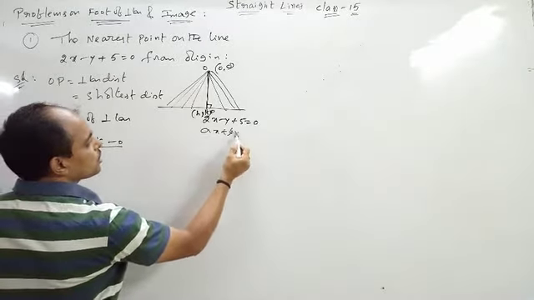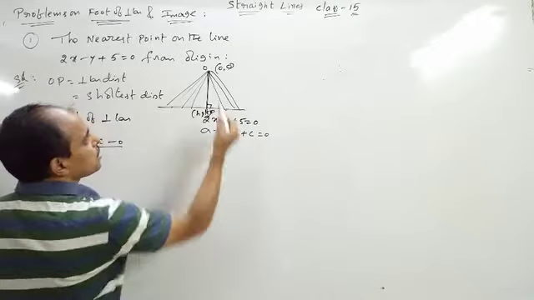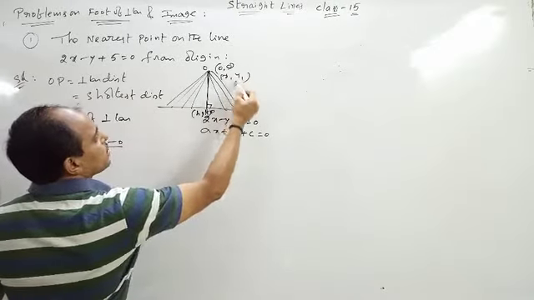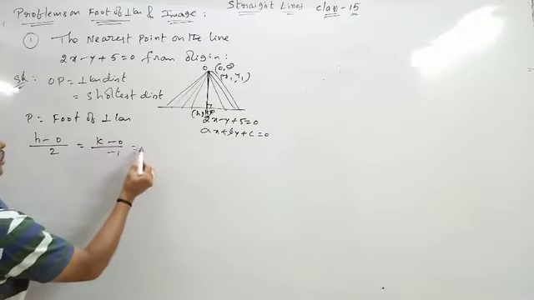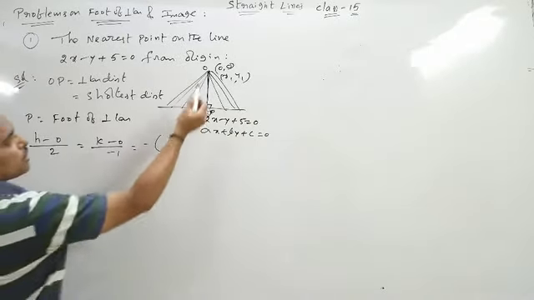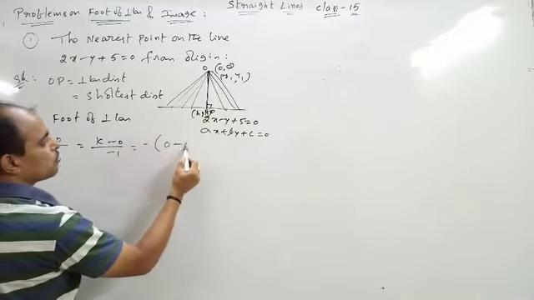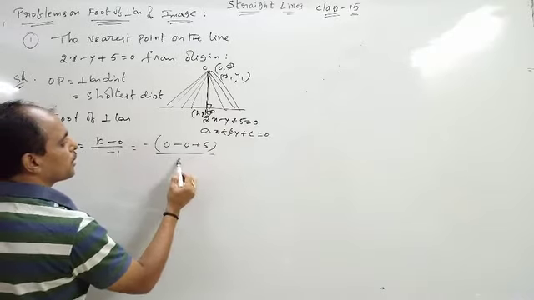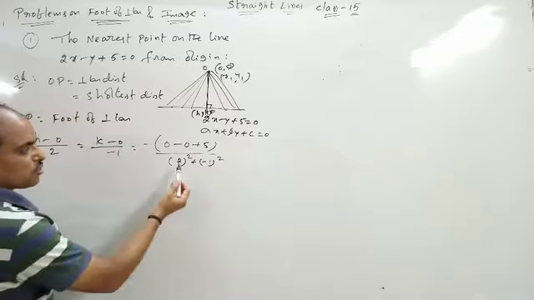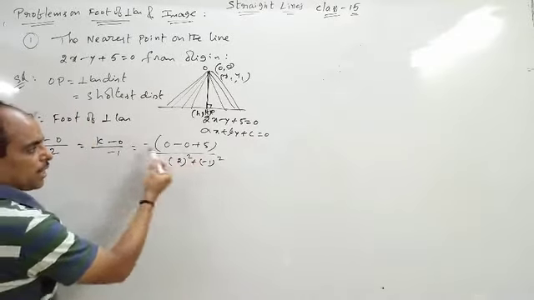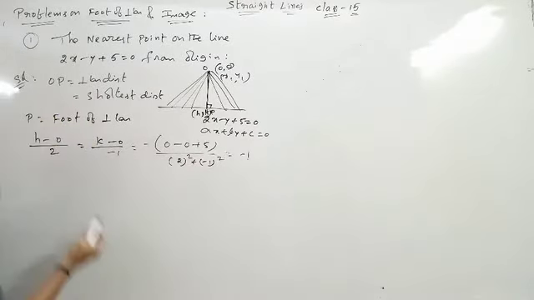Compare this with ax plus by plus c is equal to 0, and this one as x1 comma y1. Now minus of, substitute the point here, 0 minus 0 plus 5 by 2 square plus minus 1 whole square, that is 4 plus 1, 5, minus 5 by 5, that is equal to minus 1.